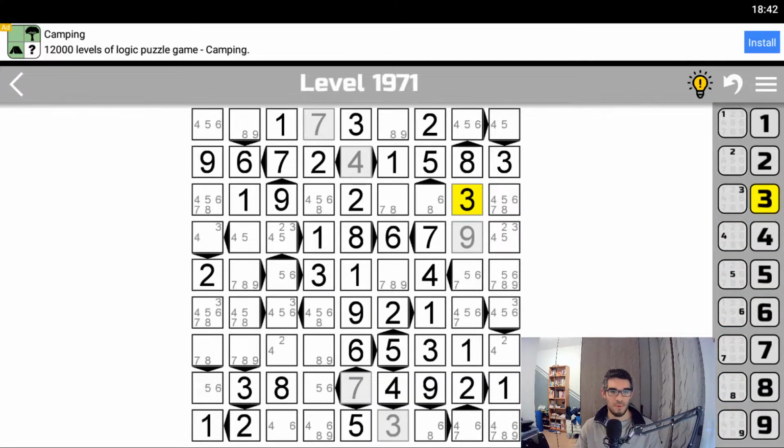So let me just remove some possible numbers. Yeah, that one had to be a 2. So this can be a 3. Also, this one can be a 3, so this can be a 4. And again, I have 2, 4, 2, 4 here, but I already had it before. So this is not really helping.